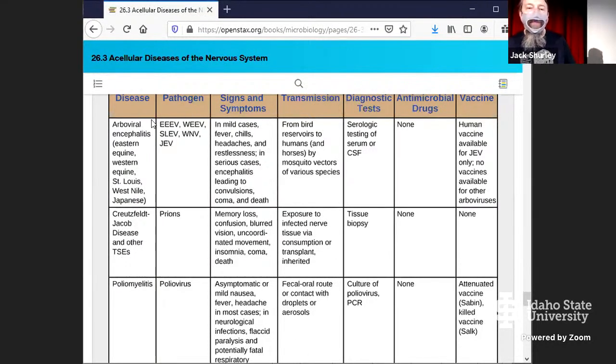First off, let's talk about those arboviruses. And as I said, there's a whole long list that have equine in their name. There's Eastern and Western equine, St. Louis, which is also an equine, West Nile, Japanese, all of these arboviruses, mosquito-borne, and again, different types or species of mosquitoes hold the potential to transmit some of this.